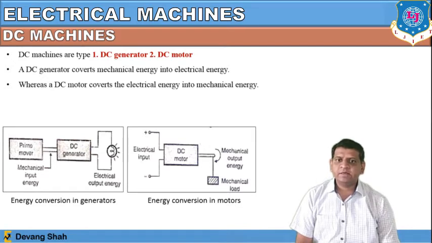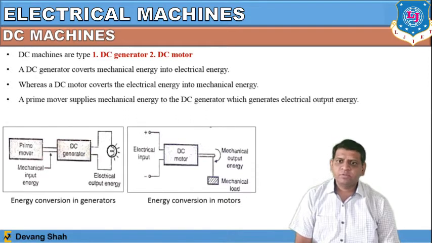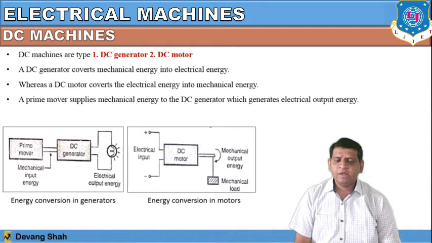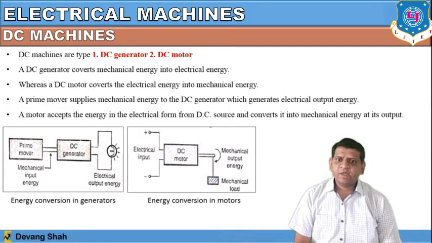Electrical energy is applied to the DC motor from a DC source, and it converts it into mechanical energy as output. So a DC generator takes mechanical input and converts it into electrical, and in the same way a DC motor takes electrical input and converts it into mechanical.